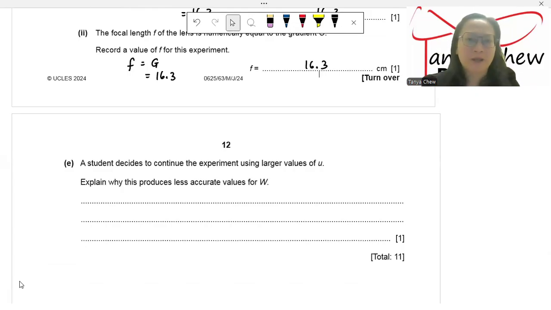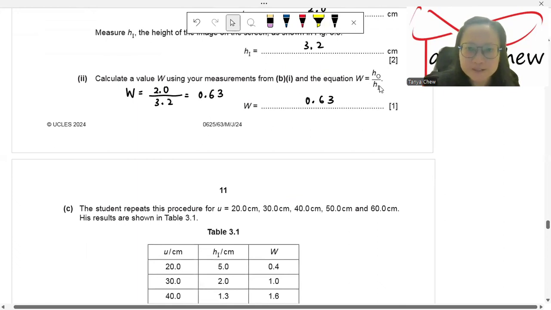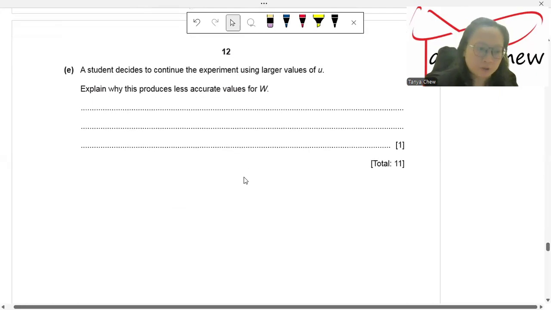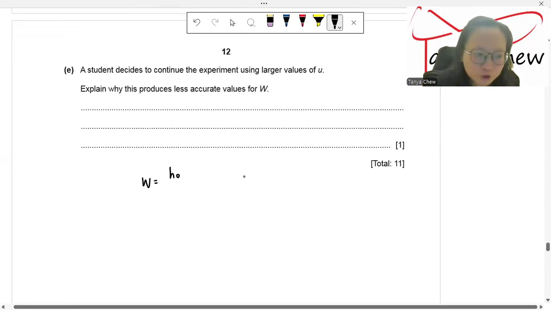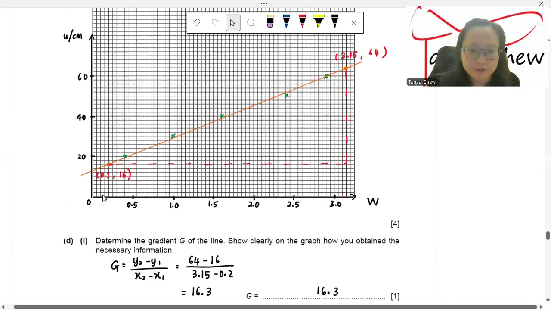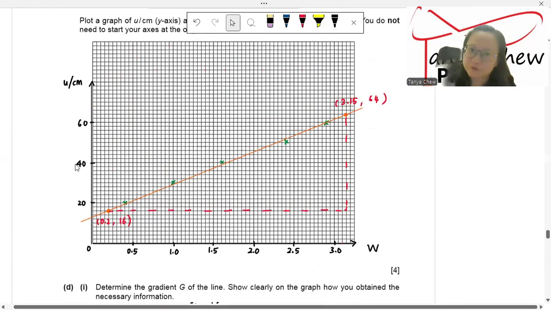Now I have to look at the connection between W and U. I will just use this: W is equal to H object over HI. Based on the graph, you could see that when the value of U is increasing, the value of W will also increase.